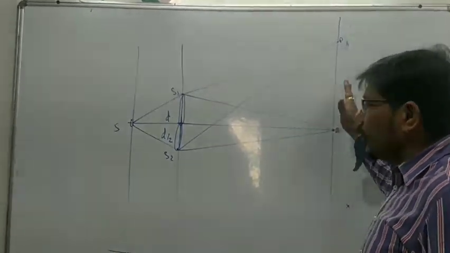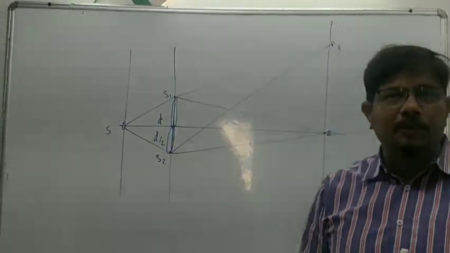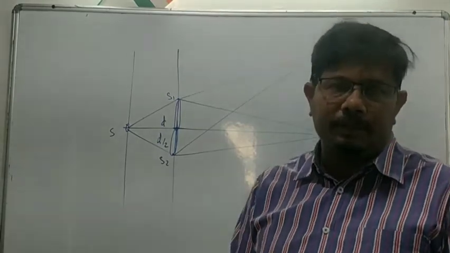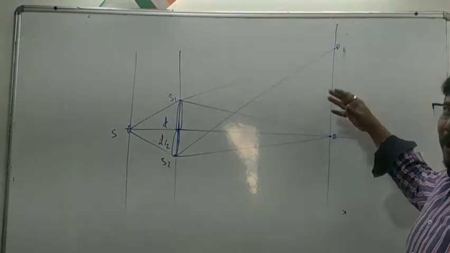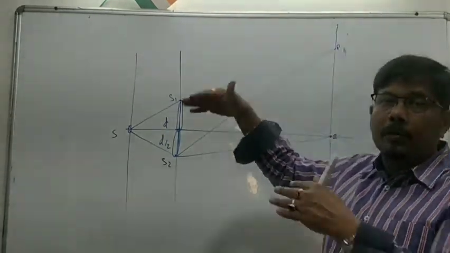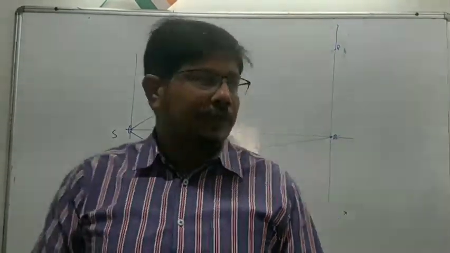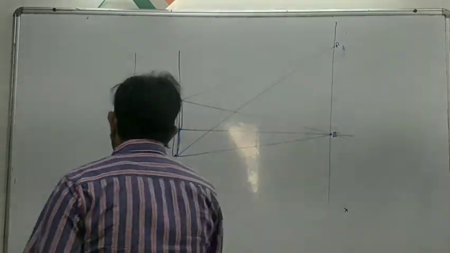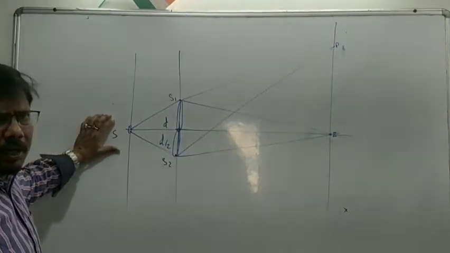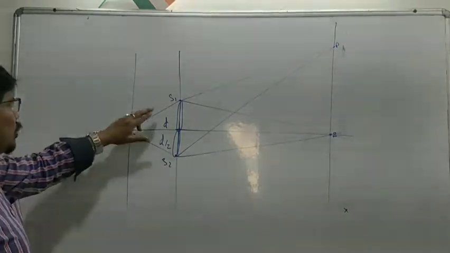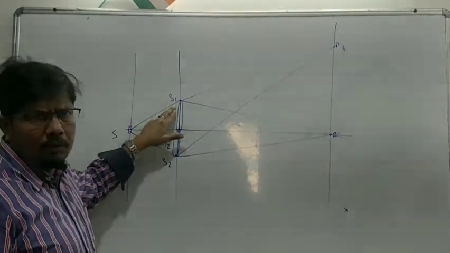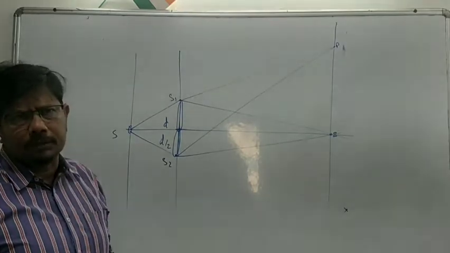On the screen he got interference bands or fringes. At the center he got a bright fringe, and above and below in an alternate manner he observed bright and dark fringes. According to Young, when the strong monochromatic light source S is illuminated, the two holes become coherent sources.